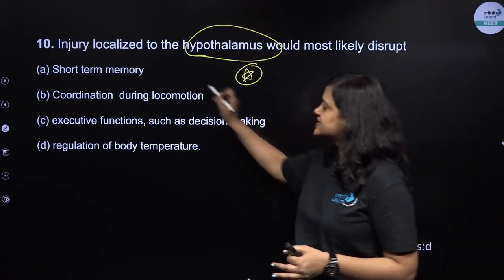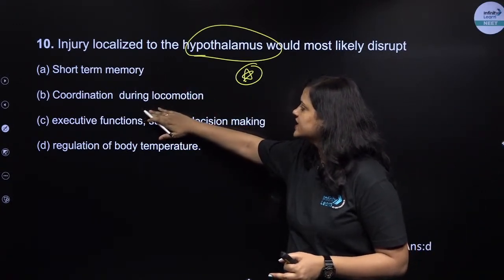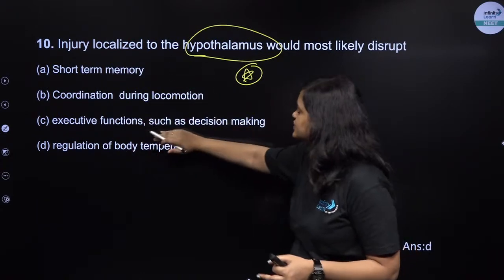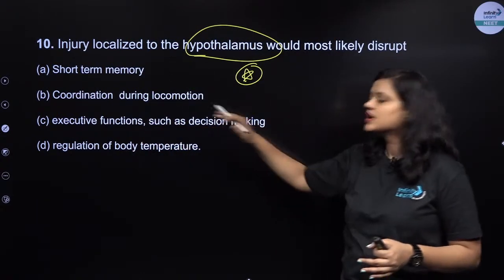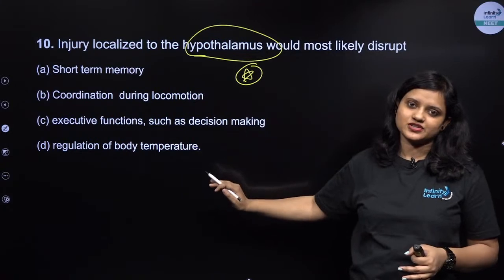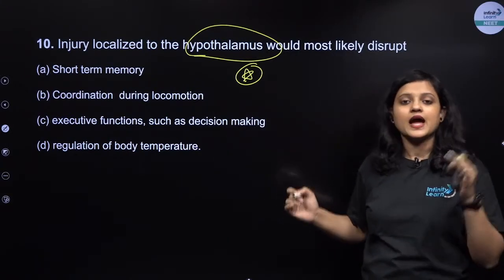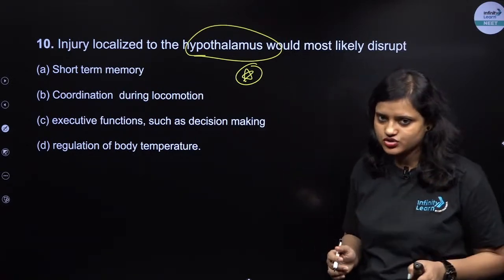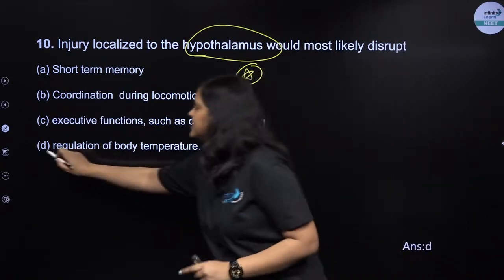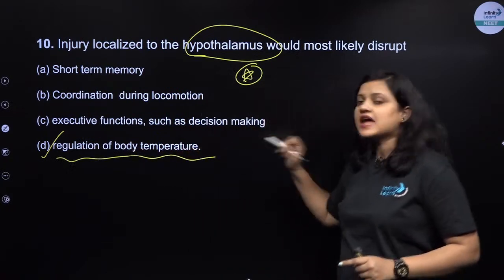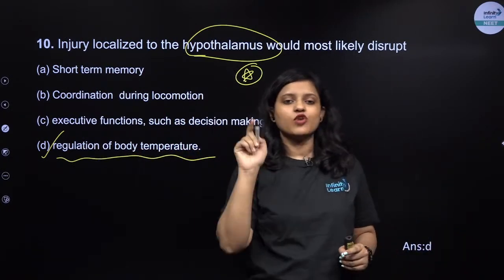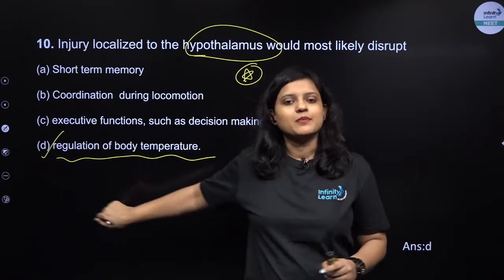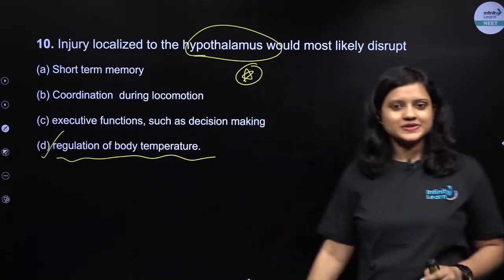Now here you can see short-term memory, coordination during locomotion, executive functions such as decision making, regulation of body temperature. Just now I told you that hypothalamus plays a very important role in regulation of your body temperature. So this will be the correct option. If there is any damage to the hypothalamus, what function will be affected? Temperature regulation.